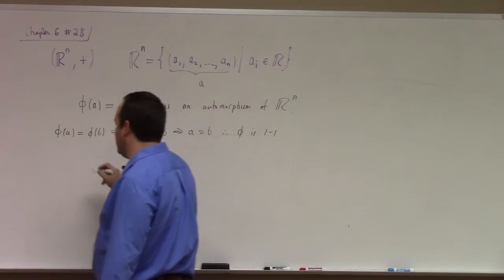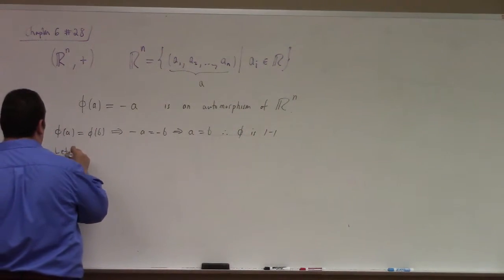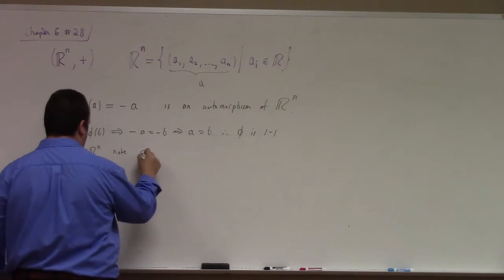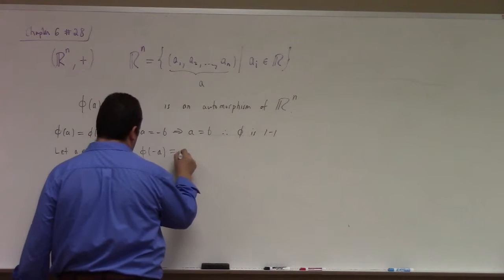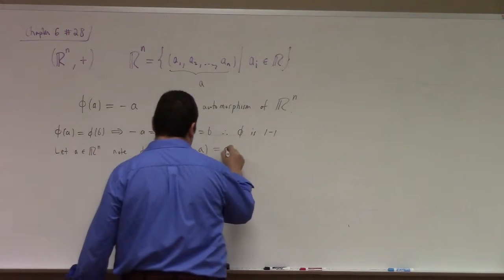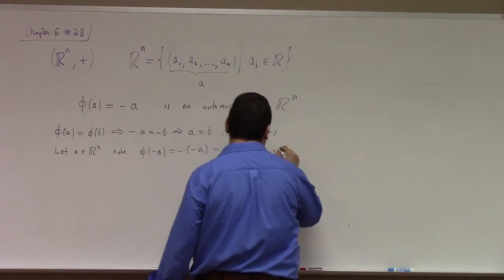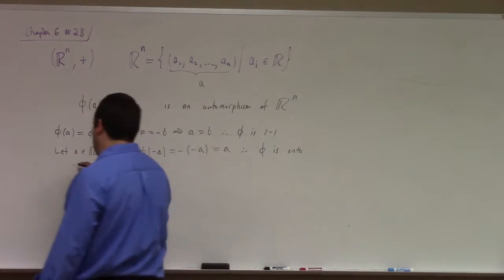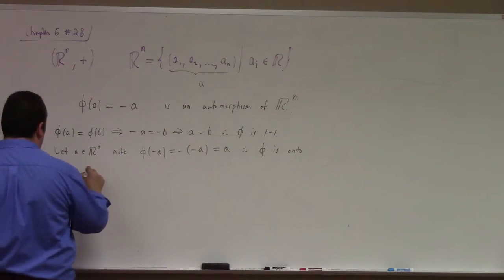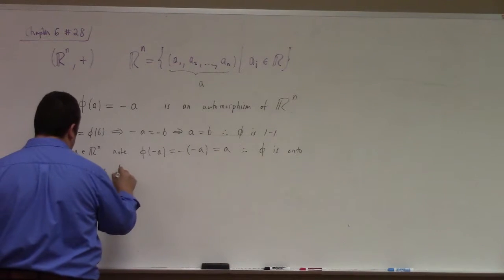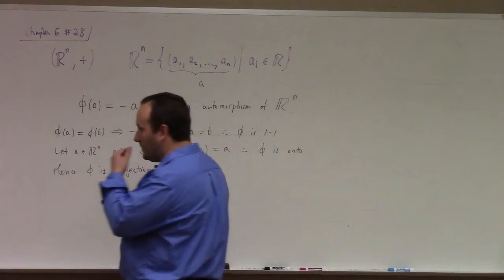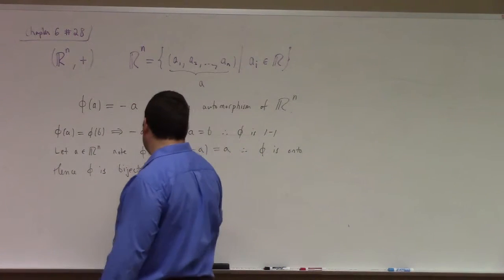Is it onto? Let A be an element of Rn. Note, phi of minus A is equal to minus minus A, which is equal to A. Therefore, phi is onto. So, hence, phi is a bijection on Rn.